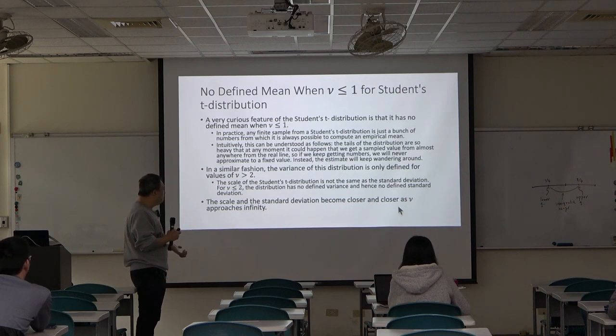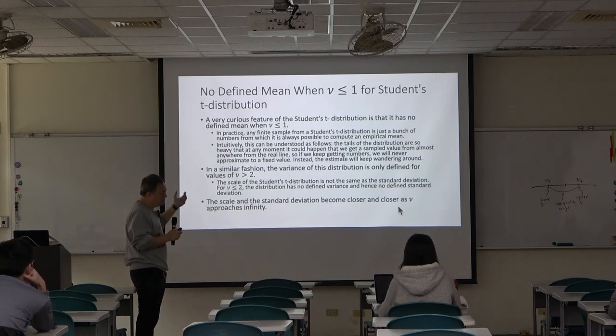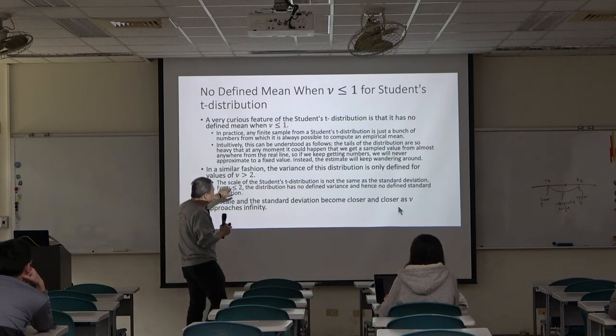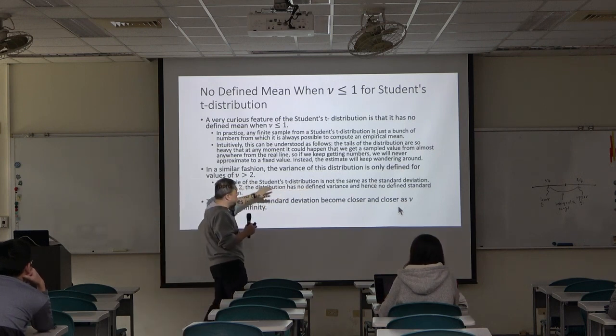But that's okay. Remember, in Bayesian data analysis, if you don't know something, we put a prior, and then we let the data decide which value is more suitable. So we are not the ones who decide the value of v or the value of the scale. The scale of the Student t distribution is not the same as the standard deviation.